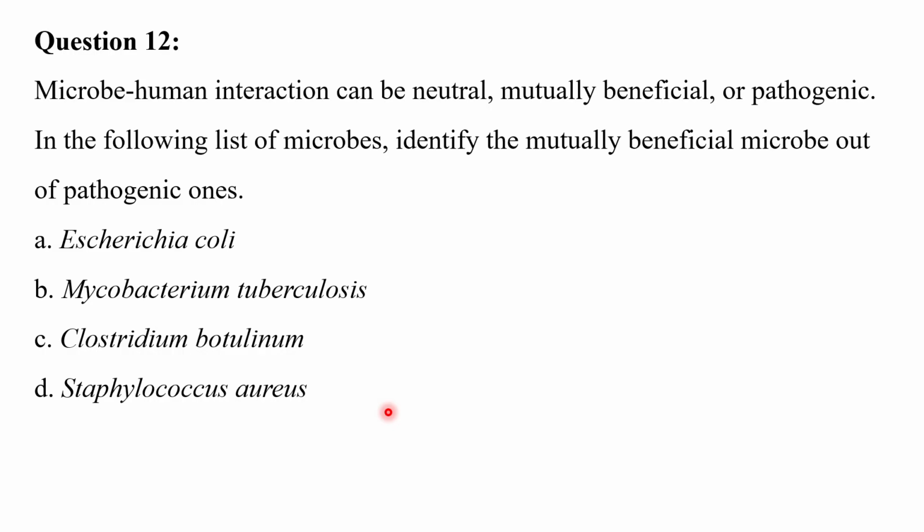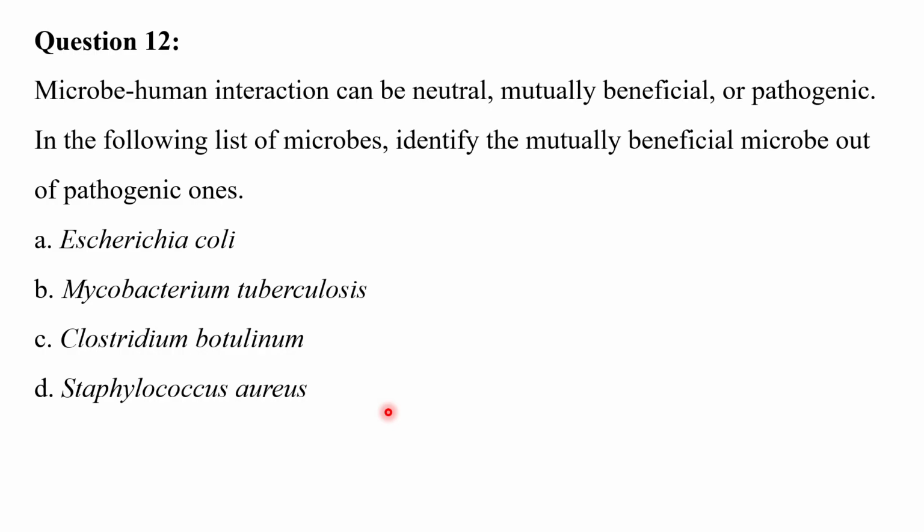Option C, Clostridium botulinum. And option D is Staphylococcus aureus. So there are three types of interaction mentioned in this question: neutral, mutually beneficial, or pathogenic. So we have to tell which of the following bacteria is mutually beneficial out of the pathogenic ones.